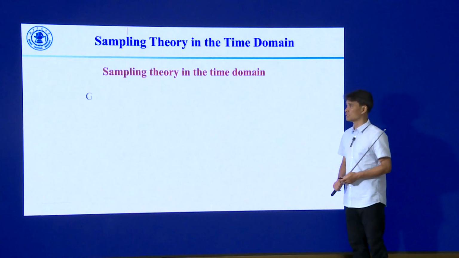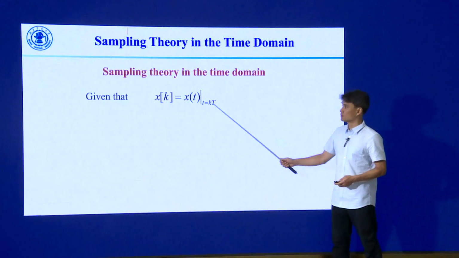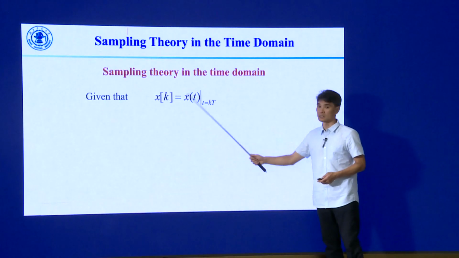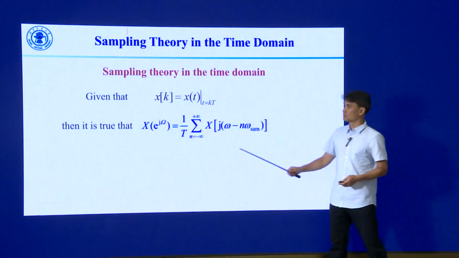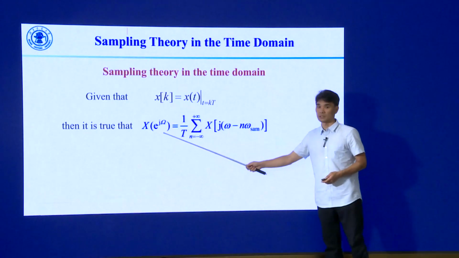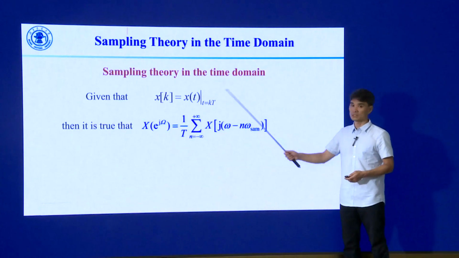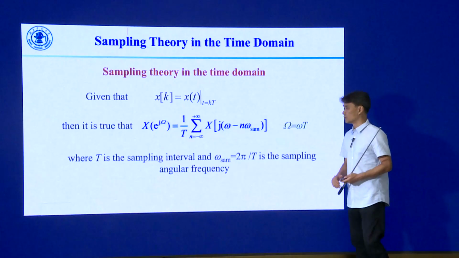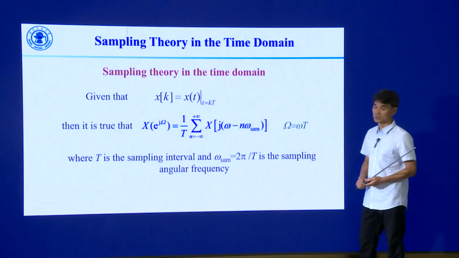So here is the sampling theory. If the signal is sampled in the continuous time domain, then the spectrum of the sampled signal actually is the periodization of the spectrum of the original signal. There are some relationships we need to pay attention to in order to make use of it.